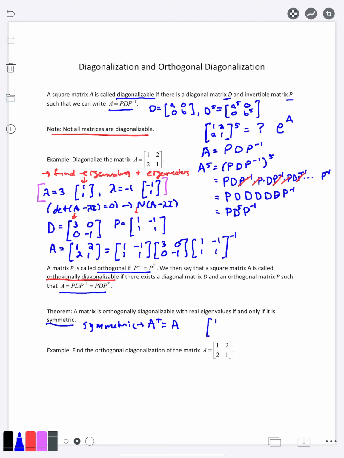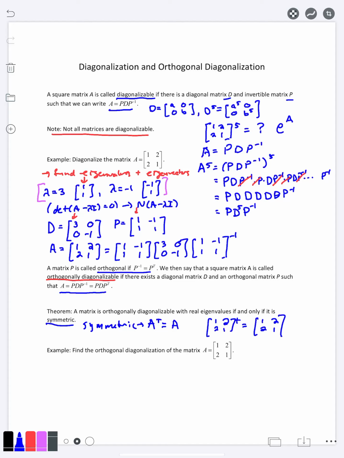So for our example here, 1, 2, 2, 1, if you transpose that, it's still 1, 2, 2, 1. So that's an example of a symmetric matrix. And again, every symmetric matrix is going to be orthogonally diagonalizable. And if it's not symmetric, it is not going to be orthogonally diagonalizable for us.